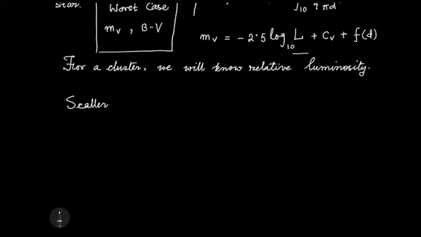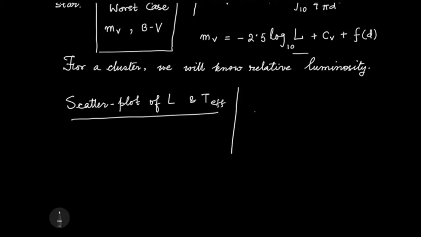Scatter plot, L and T to the 4, and L and T rather, L and T. Okay. So L is 4 pi sigma r square T to the 4.